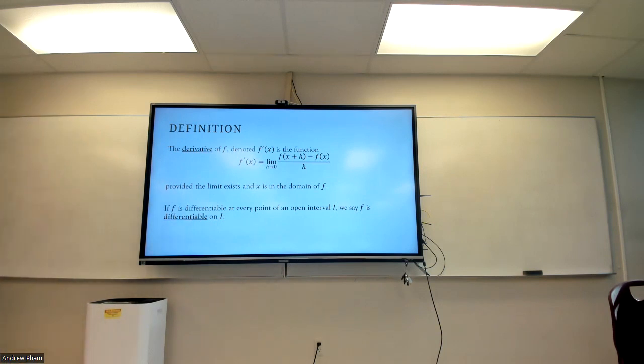So now instead of the derivative at a number, I can find the derivative as a function. If I can find a derivative as a function, then I can just start plugging in different numbers if I want, like f prime of 7, f prime of 9, f prime of whatever number you want.